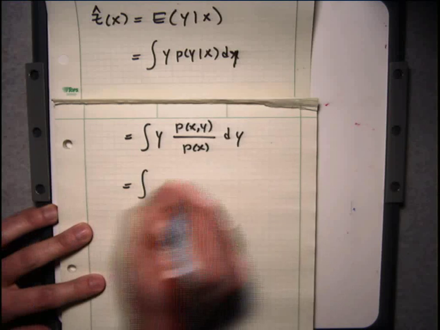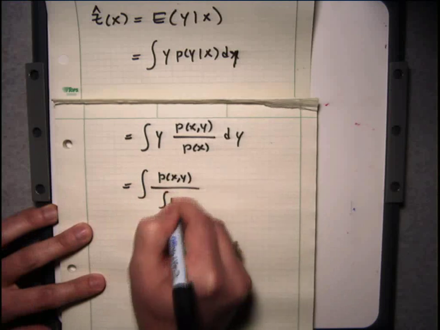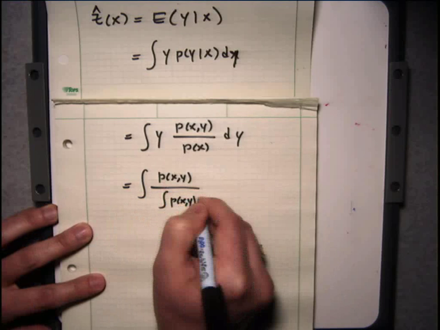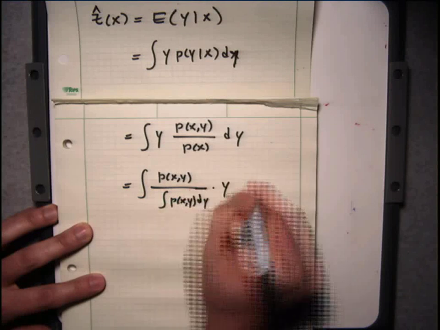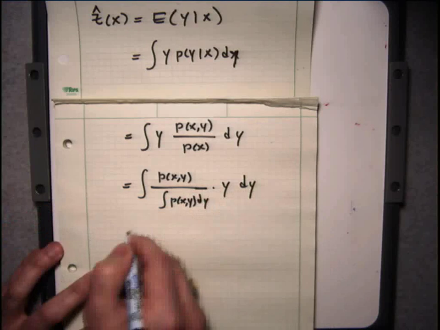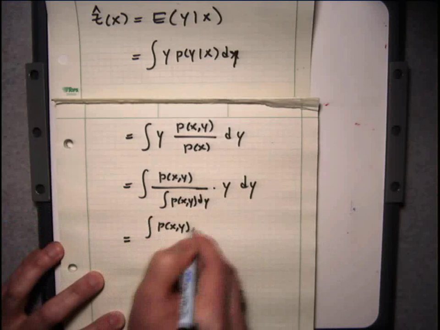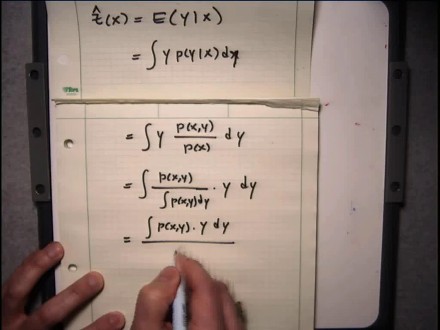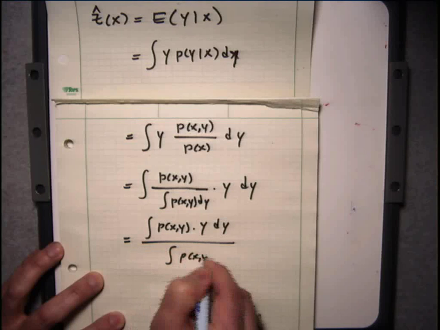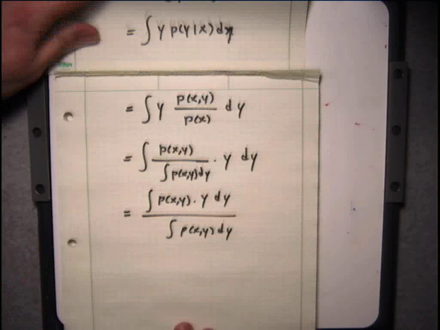So I can write this as the integral of p of x and y times y dy, divided by the integral of p of x, y dy. Okay? So far so good?